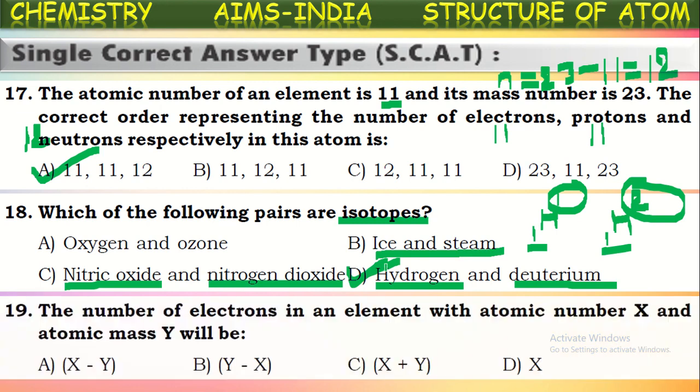Okay. Next one. The number of electrons in an element with atomic number X and atomic mass Y. What will be the number of electrons in it? Mass number is given and atomic number also is given. We know for any element, atomic number is equal to its number of protons. For neutral atoms, number of protons is also equal to number of electrons.